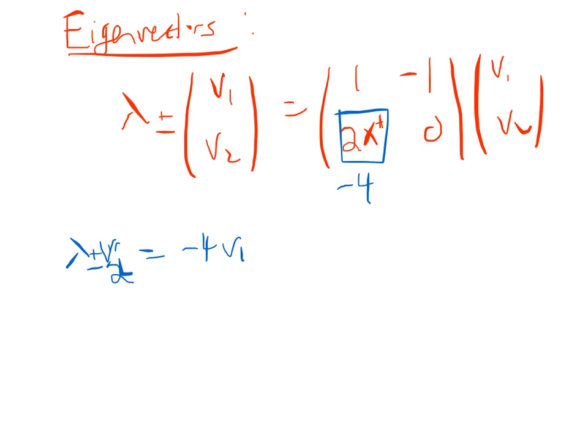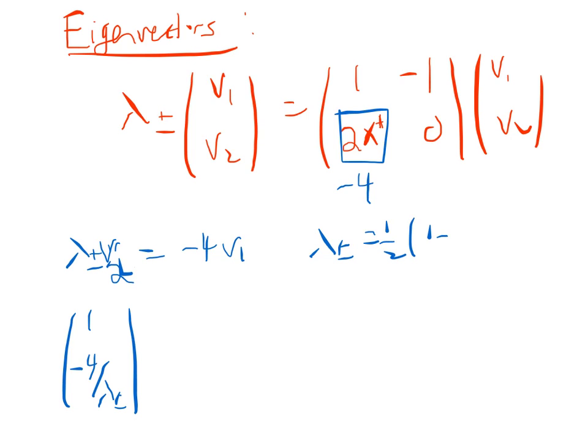So this corresponds to the eigenvector (1, minus 4 over lambda plus minus). And lambda plus minus, you will recall, were given by these expressions from before: lambda plus minus is equal to 1/2 of 1 plus or minus the square root of 17.